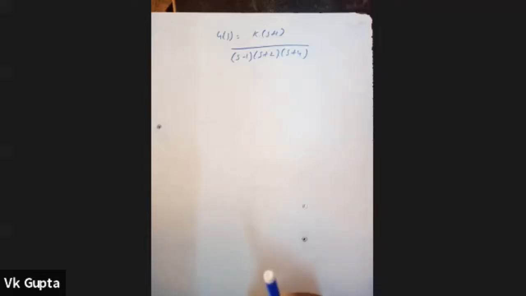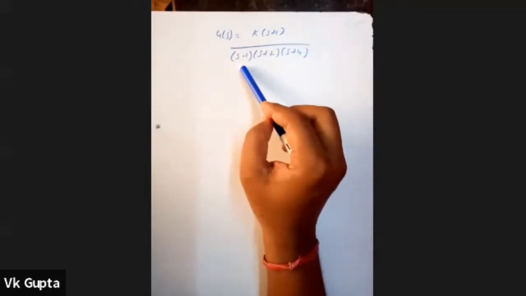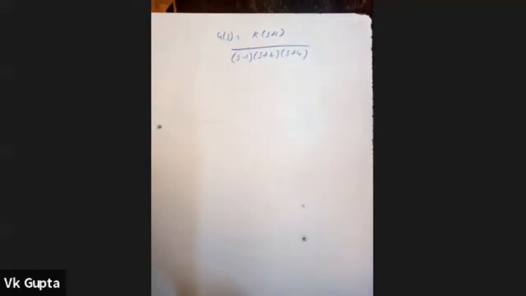Let us draw the root locus for the system shown below: K(s plus 1) divided by (s minus 1)(s plus 2)(s plus 4). Now, small change.